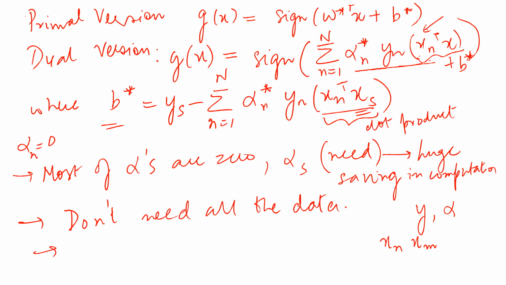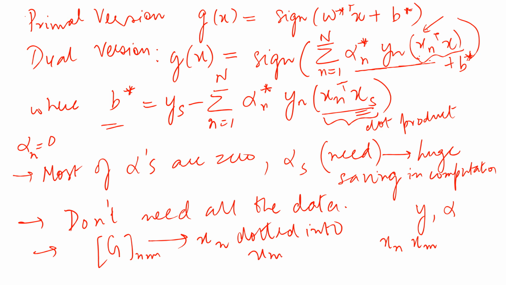What exactly am I talking about? Well, we needed this G n m, which is essentially xn dotted into xm. So we needed the dot product in order to get my alpha n stars, right?